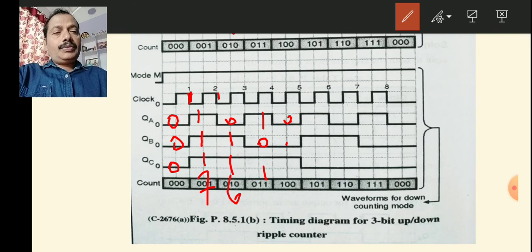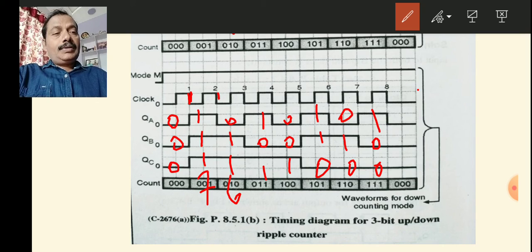Then 0 0 1, 4. Next, 1 1 0, this is 3. Then 0 1 0, 2. Then 1 0 0, 1.